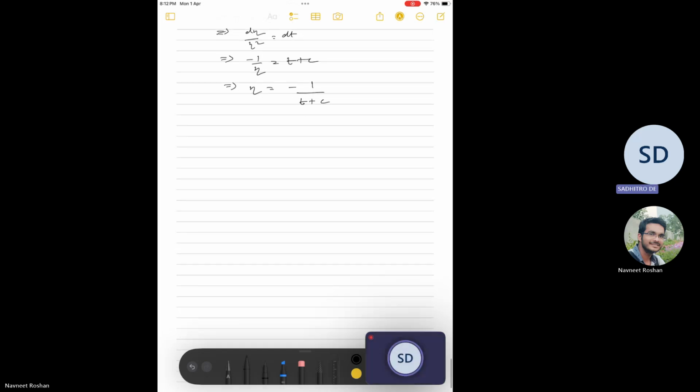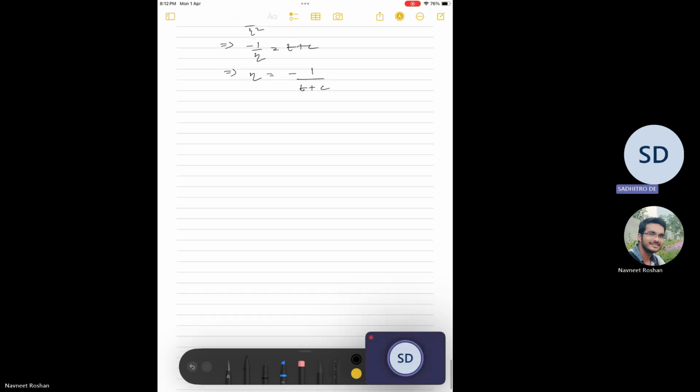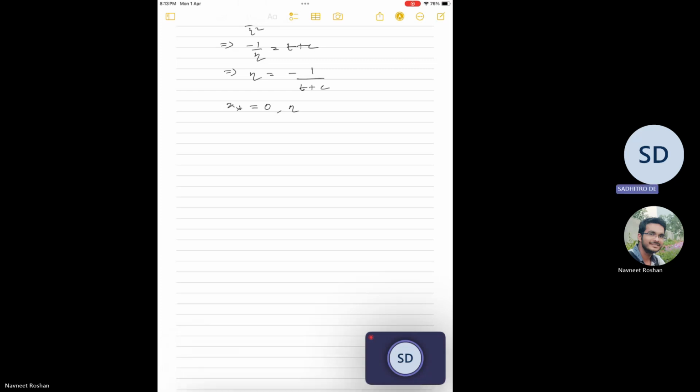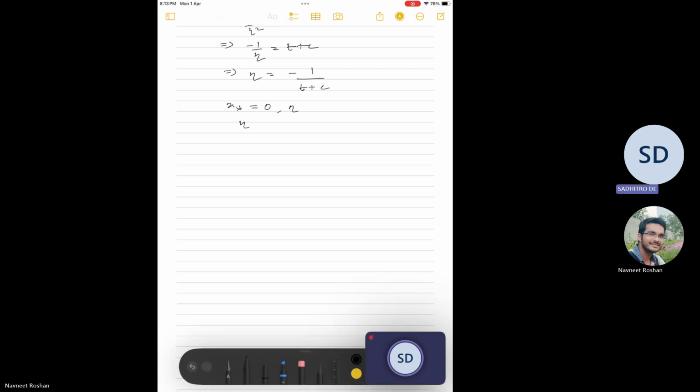So the fixed point x star was equal to 0, and eta is a small quantity which is just greater than 0. So if eta is positive, eta at t equal to 0. What is c? First we need to find out the constant c to do this analysis. So basically c is eta at t equal to 0.